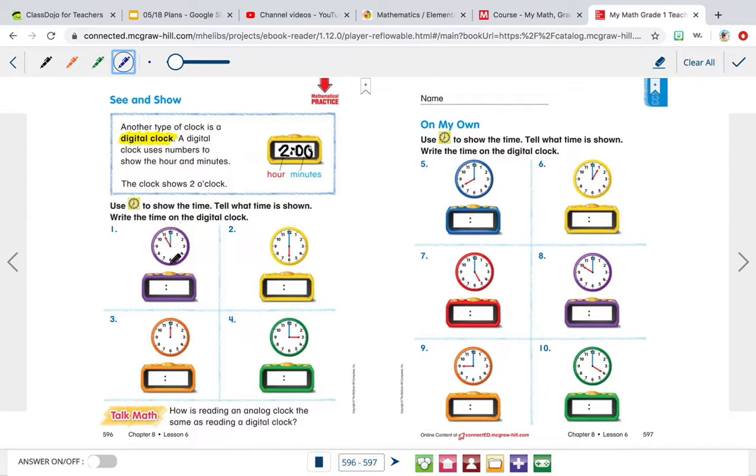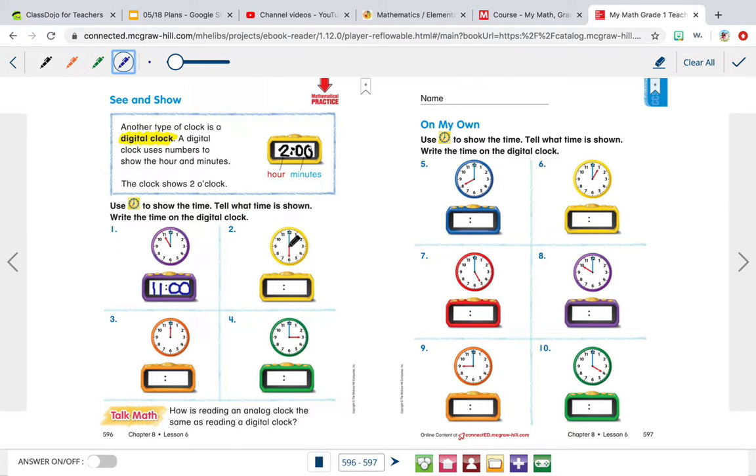So for the minute hand I'm going to do 0, 0, because there's no minutes. And the hour hand is facing 11, so that means it's going to be 11 o'clock. So the hour hand is facing 11 and the minute hand is facing 0. So that means it's 11 o'clock.